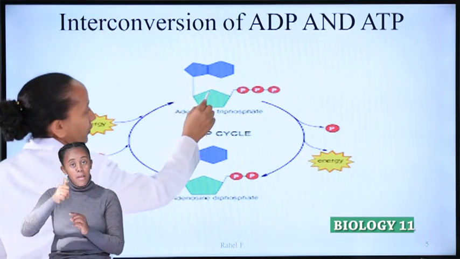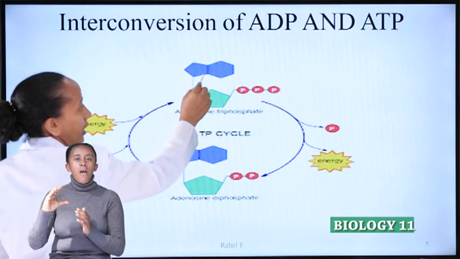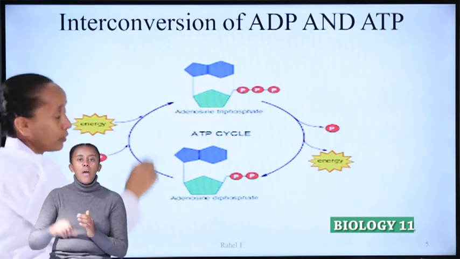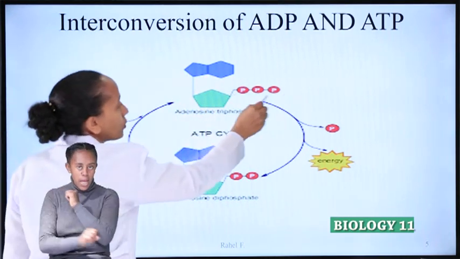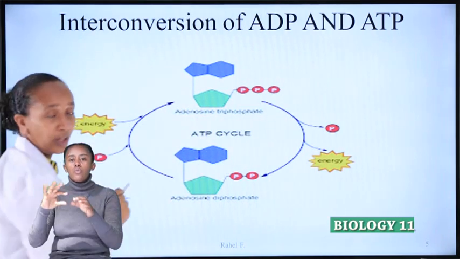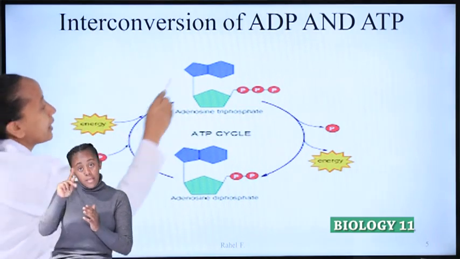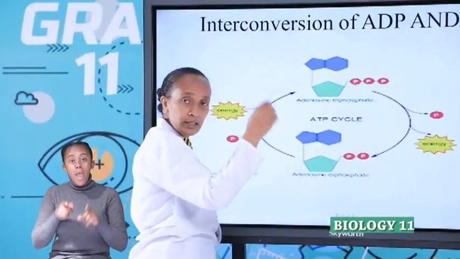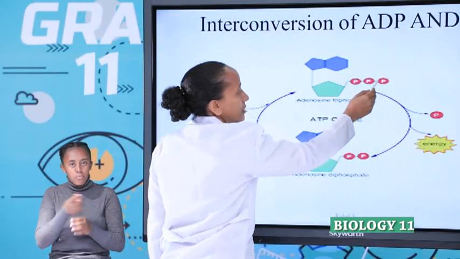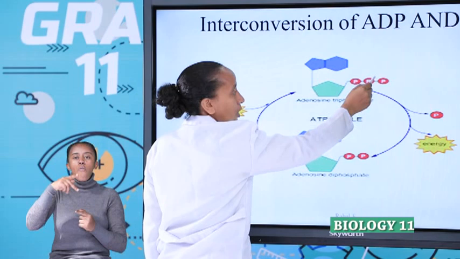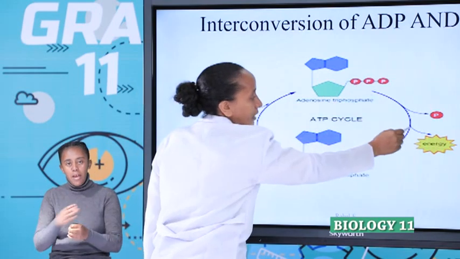Here we have the 5-carbon sugar and the adenine base, the nitrogenous base, and the phosphate groups are three in case of ATP, as we said earlier. And when energy is needed by the cell, this third phosphate bond will break and release energy.